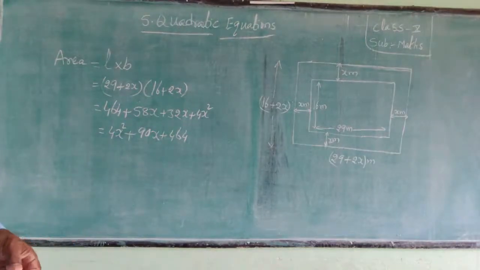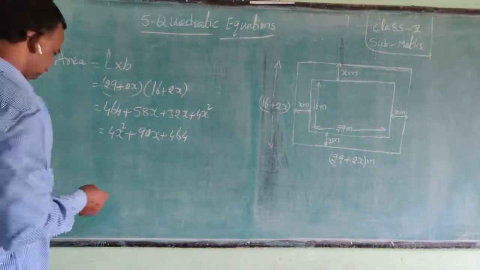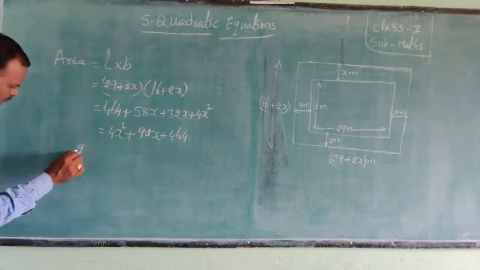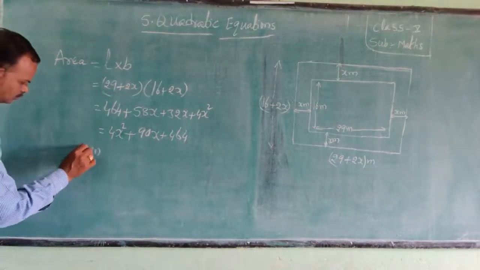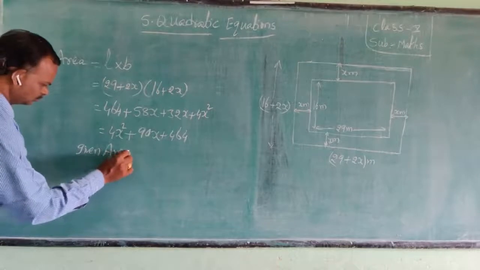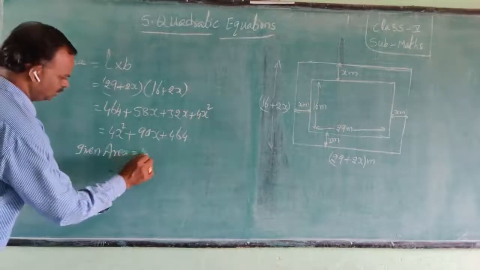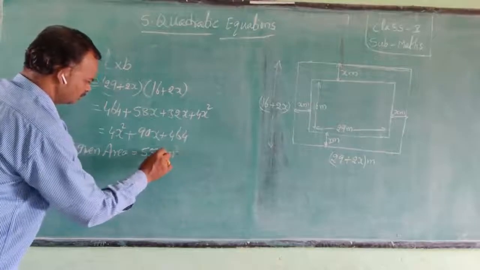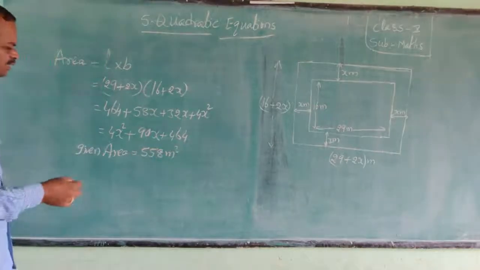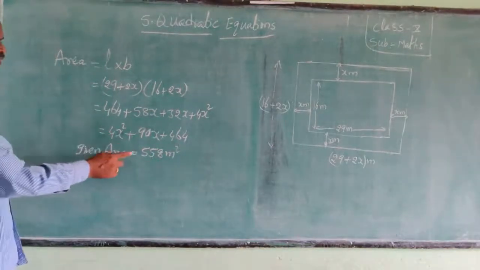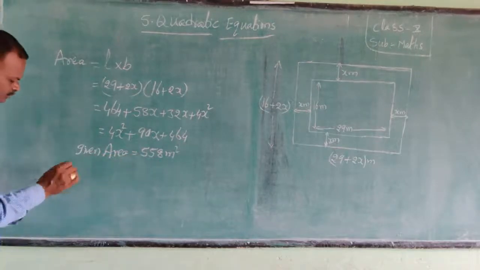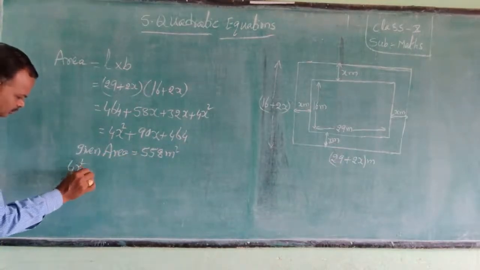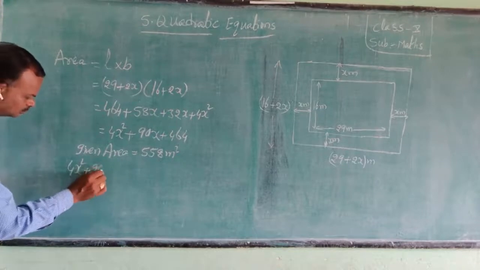But the given area is 558 meters square. That means this value is equal to 558.